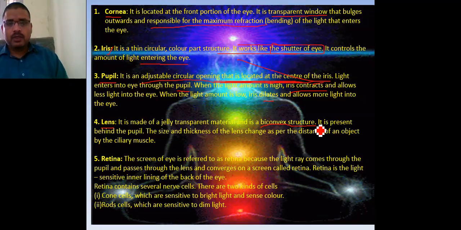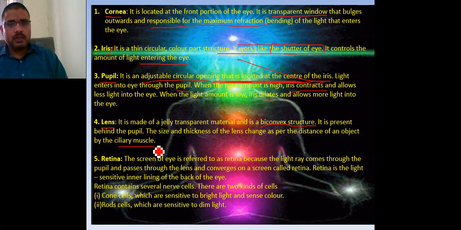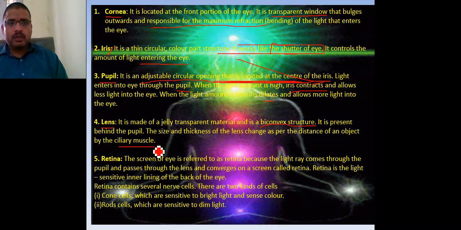And there is the retina, on which the image is formed. This is the part where the image is formed.